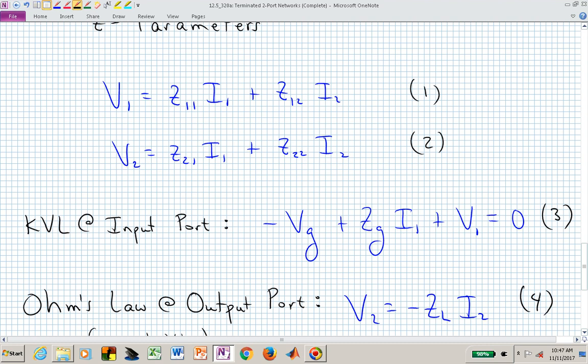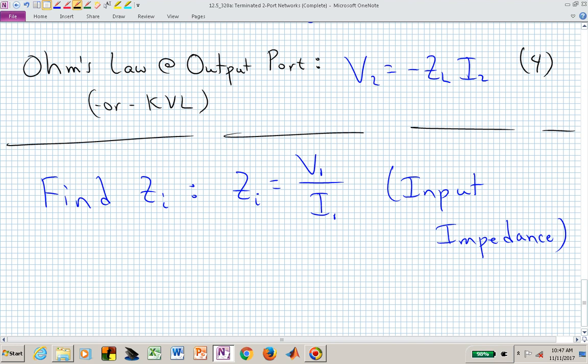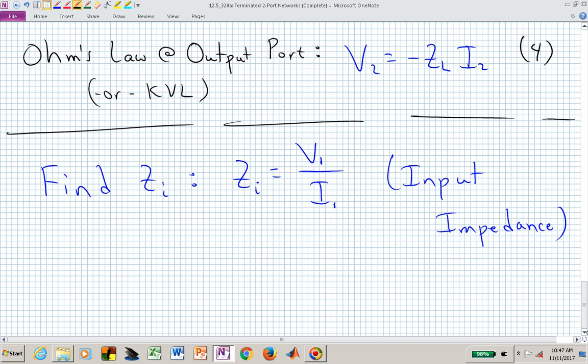Well, V sub G could be present, but we don't want V sub 2 and I sub 2 in any of our relationships, because in this final equation we're trying to take the ratio of V1 over I1 to find the input impedance.